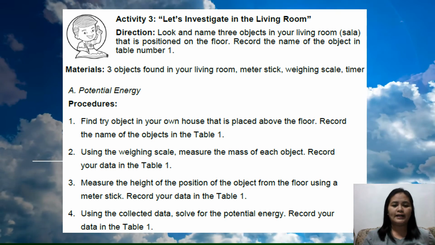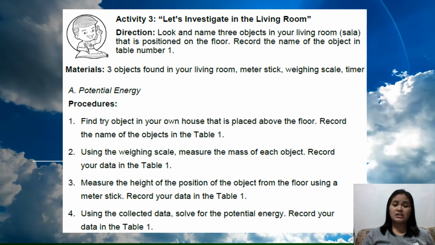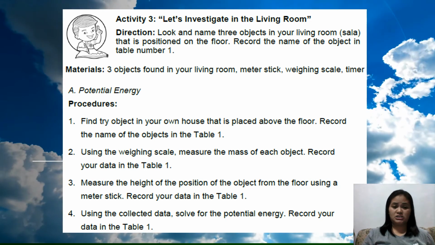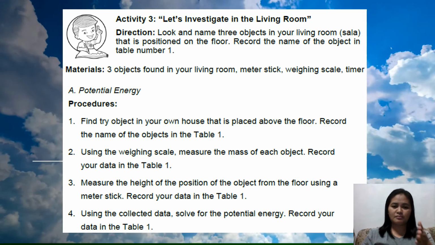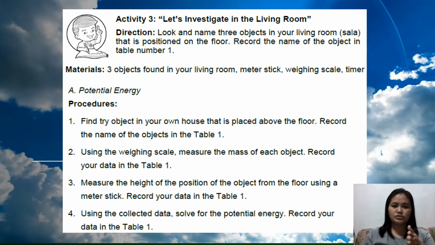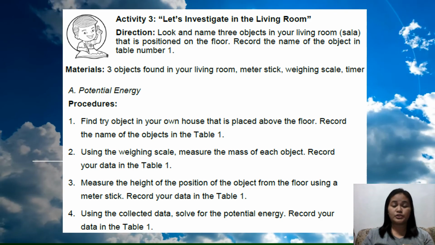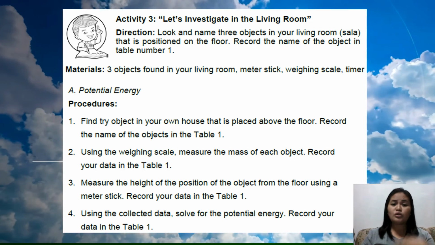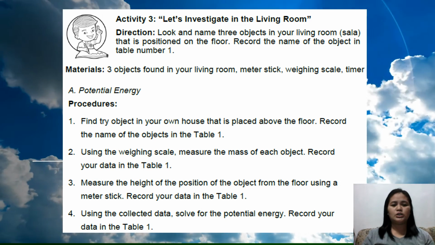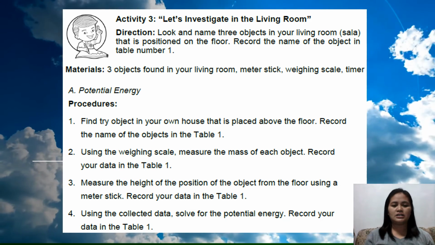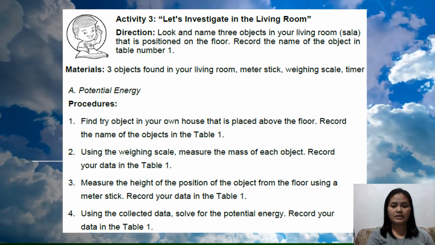Ano yung formula ng potential energy? mgh. Potential energy is equal to mass, yung timbang, times g. Ano yung g? 9.8. Constant yon, yung force of gravity. Ano yung height? Yung nakuha mo na taas ng bagay. Times mo lang yon, mgh. Yun na yung answer sa potential energy. Diba? Kala nyo lang mahirap.